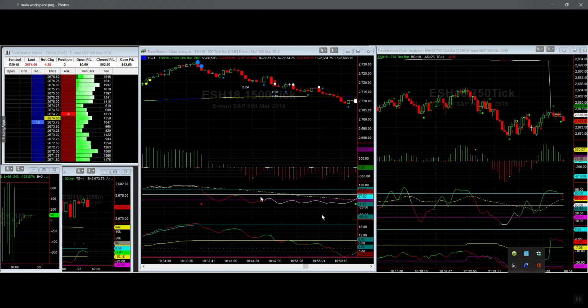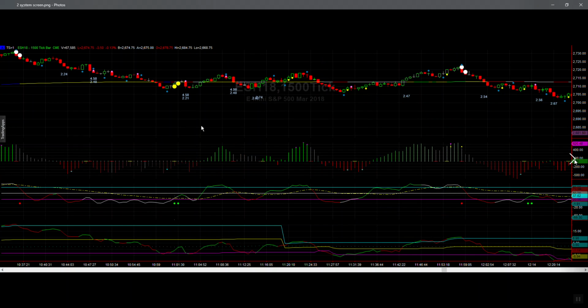This is the inflection oscillator, which, let me see if I can get another screen that shows this better. This is the inflection oscillator, and it calculates precise probability points where price is going to turn.